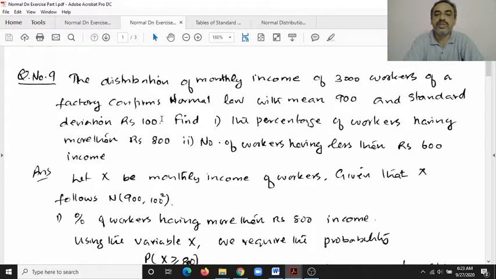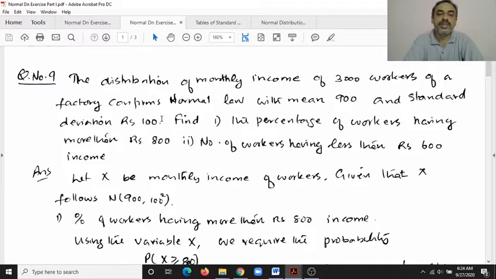If normal distribution is used to address this monthly income of 3000 workers, we have to determine two things. First, the percentage of workers having more than 800 rupees income, and also the number of workers having less than rupees 600 income. This is under the assumption that the workers' monthly income follows normal distribution.